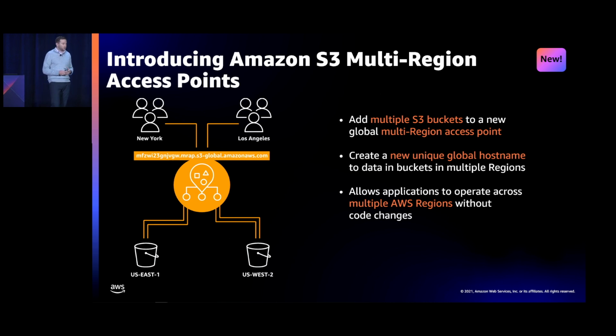Multi-region access points uses AWS Global Accelerator, which takes into factors like network congestion and the location of the requesting application to dynamically route requests to the lowest latency copy of your data. This automatic routing allows you to take advantage of AWS's global infrastructure while maintaining a simple application architecture by talking to a single endpoint.